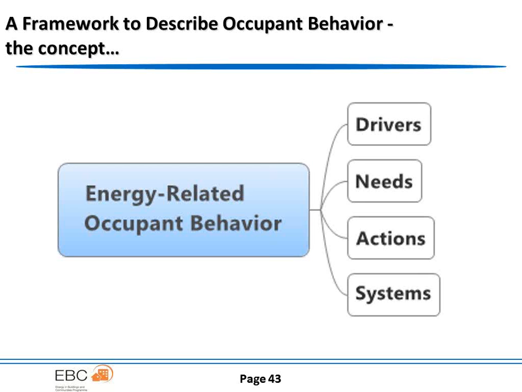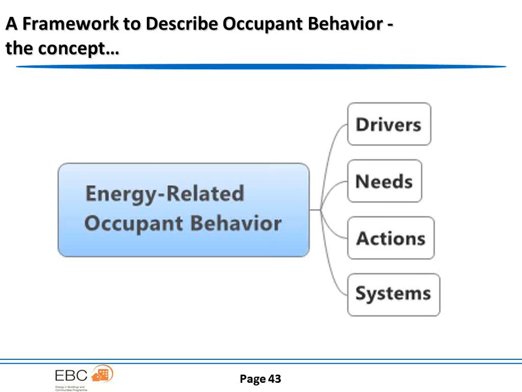So basically, driver represents the stimulating factors that provoke energy-related occupant behavior, and so we sort of categorize them in different groups. There's some building-related, the building's property, where the building is located, and some are occupant attributes, like energy attitude, and where the occupant is located, at home, at office, and what's the state of the occupant.